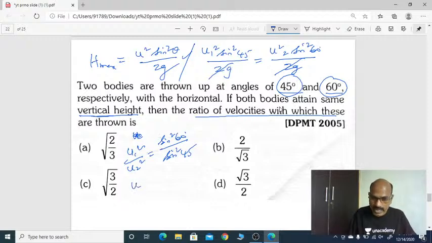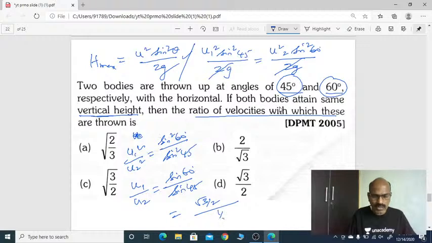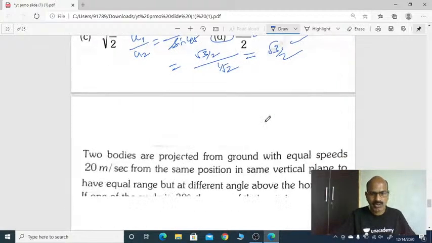So u1 square by u2 square equal to this, then u1 by u2 equal sine 60 by sine 45. Sine 60 is root 3 by 2, sine 45 is 1 by root 2. You will get root 3 by 2. Right, that's it. So this is D option. Let us move to the next one.